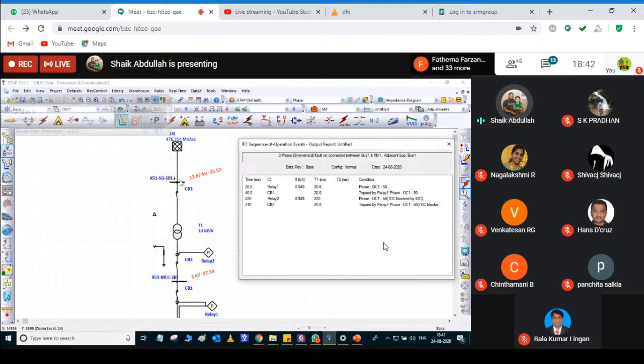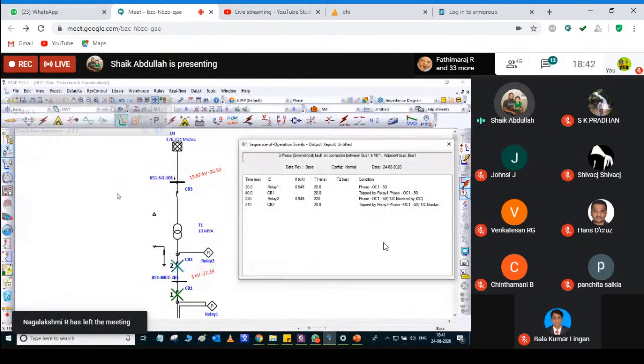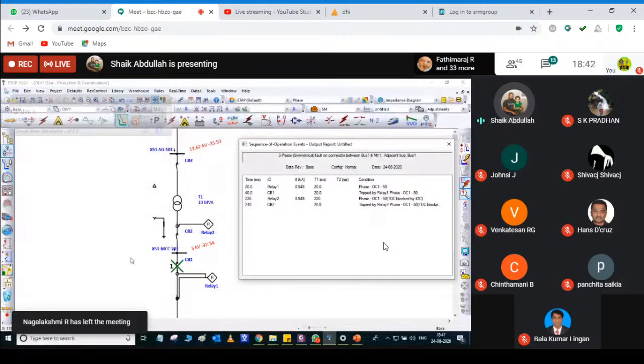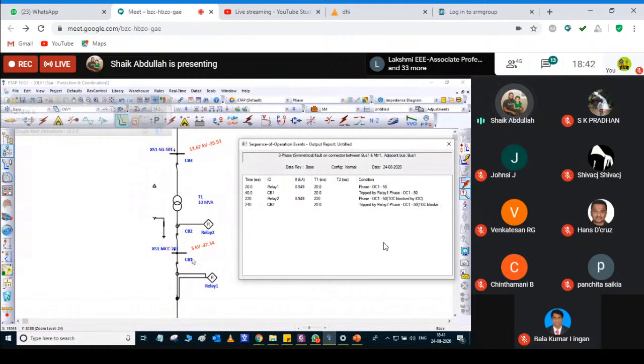You are going to calculate the incident energy, the arc flash boundary, and the personal protective equipment category for the working person. All these things you calculate based on this time.